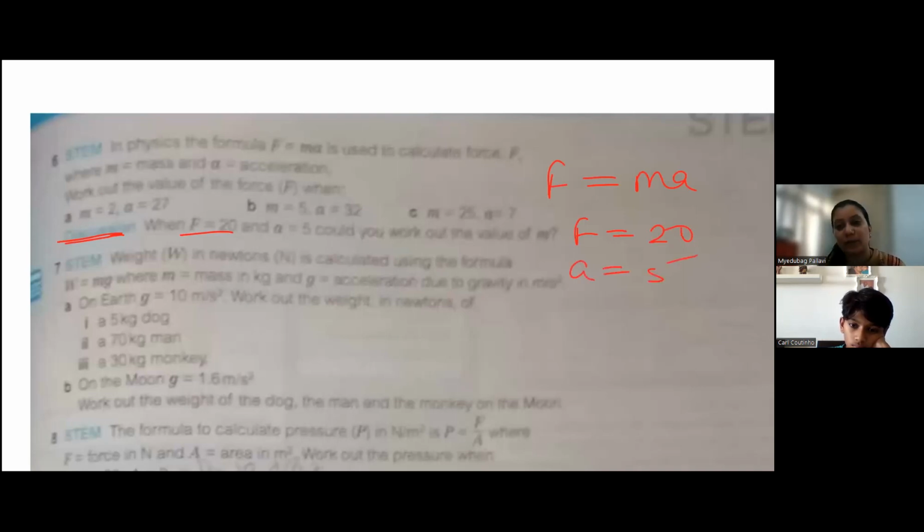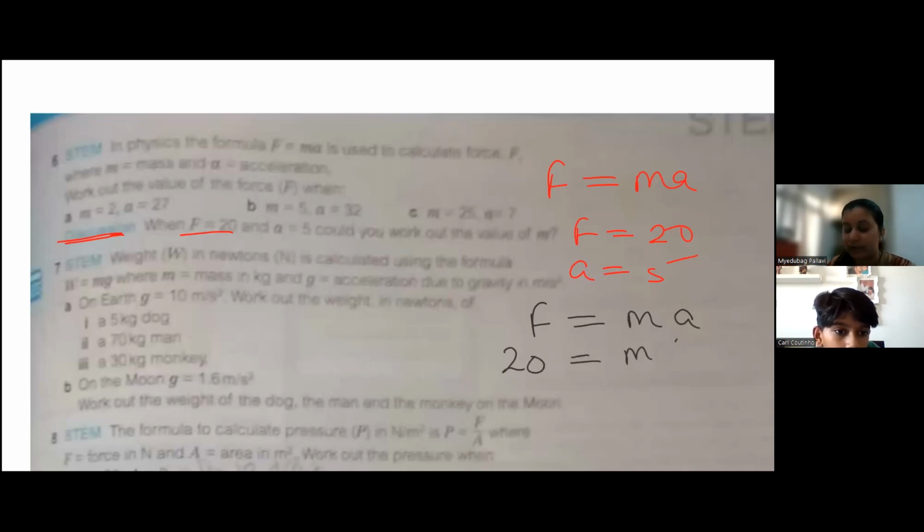Can we find out the value of m in this case? Yes, we can do that. Whatever form we have the formula, we substitute the values of the known variables. F is given to us, a is given as 5, and m we have to find. Can we do that? What do you think? How can we find the value?